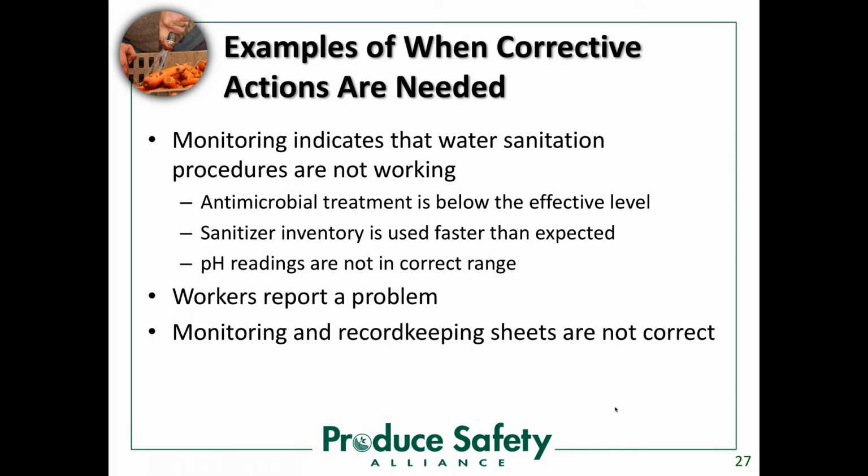When workers report a problem, you need to respond to it. The workers are the ones that really know what's happening out there. And so when they see a problem, it needs to be responded to. And if you have monitoring and record keeping sheets that are incorrect, that means either you're recording the wrong thing or you're measuring it wrongly. And in either case, you've got a problem.